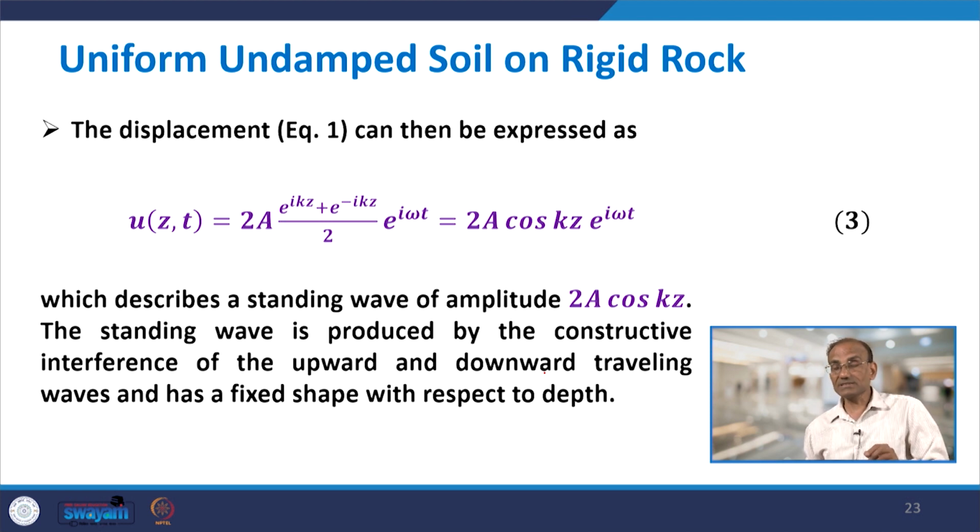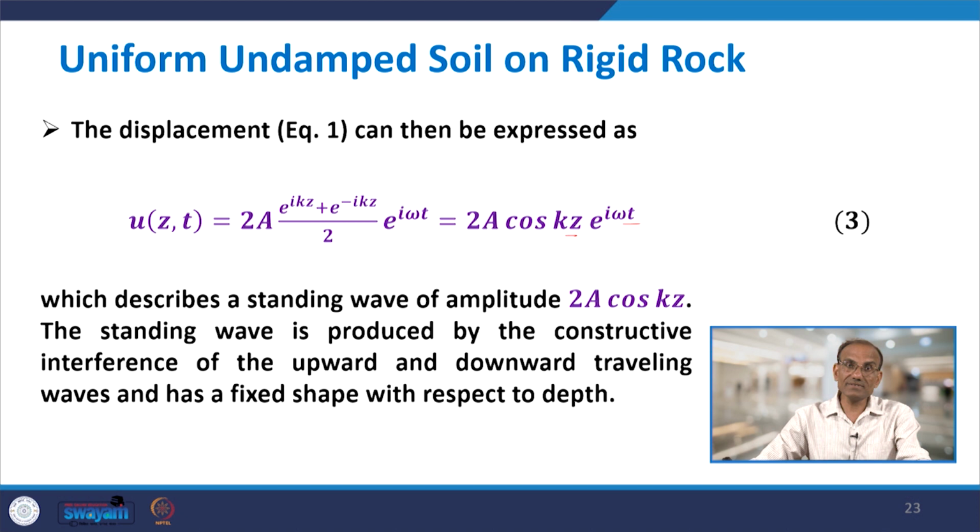Equation number 3 is directly coming from equation number 1, but now it is written in a different form. Still you have two variables in this equation on the right hand side, z and time t. Equation number 3 describes a standing wave of amplitude 2A cos kz. So, 2A cos kz is the amplitude of the wave.